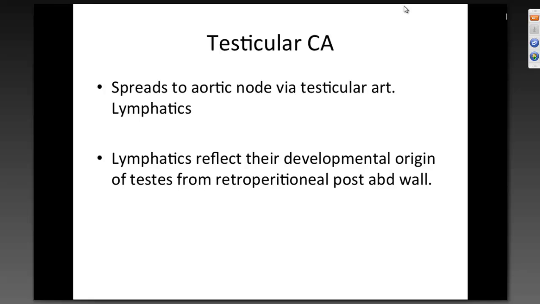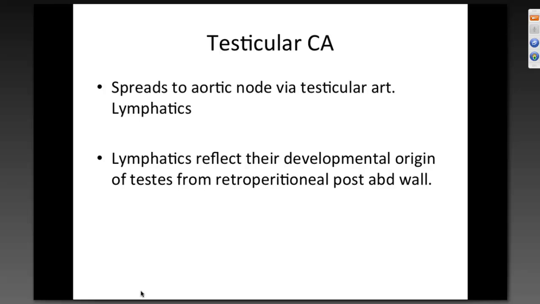So, the reason is this bottom statement, that the lymphatics that are coming off of the testes reflect their developmental origin when they used to be more truly retroperitoneal and attached to the posterior abdominal wall.